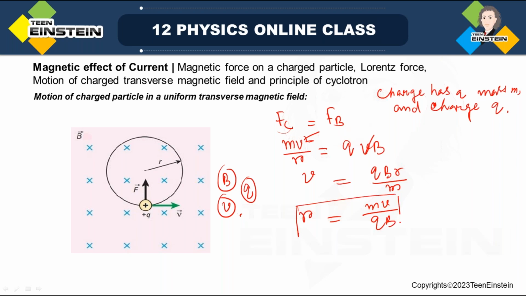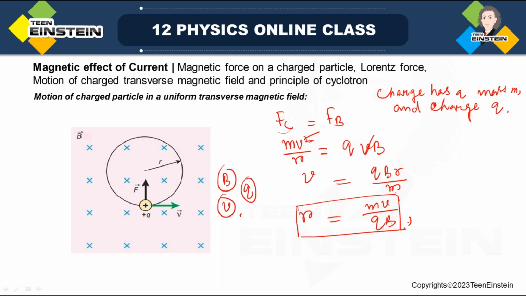This is the parameter we may have to find out in some practical cases. We need to know the mass of the charged particle, velocity of the charged particle, and magnitude of the magnetic field. By controlling v, B, or any of the four parameters, we can control the radius.